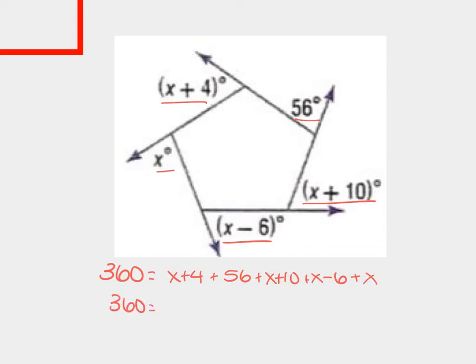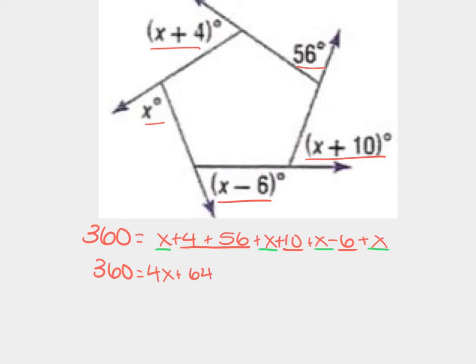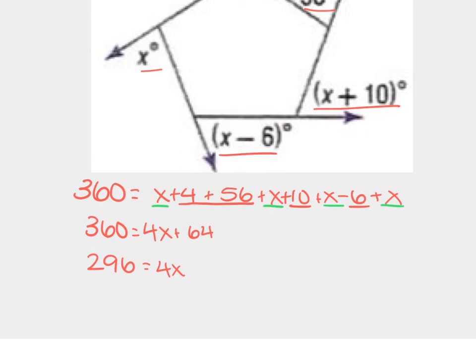So 360, and I've got 1, 2, 3, 4x, 4 plus 56 is 60, plus 10 is 70, minus 6 is plus 64. When I subtract 64, I'm at 296 equals 4x. Dividing by 4 is really dividing by 2 twice. 296 divided by 2 is 148. Divided by 2 again, x equals 74.